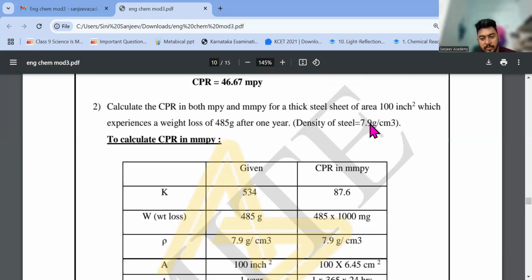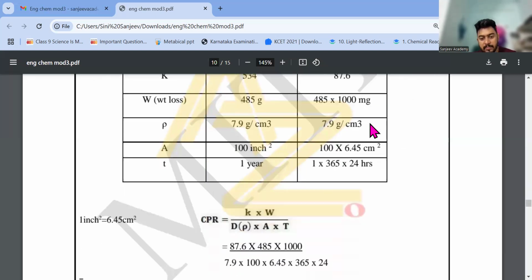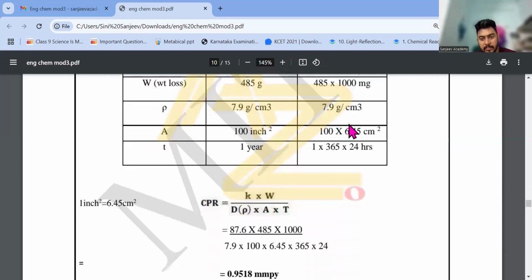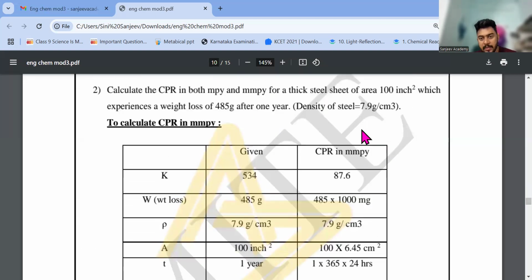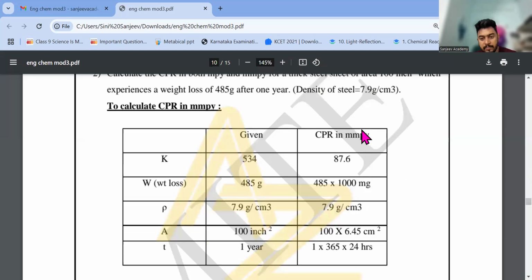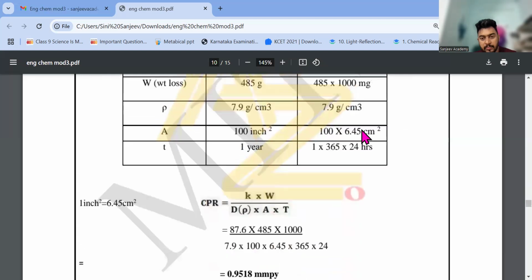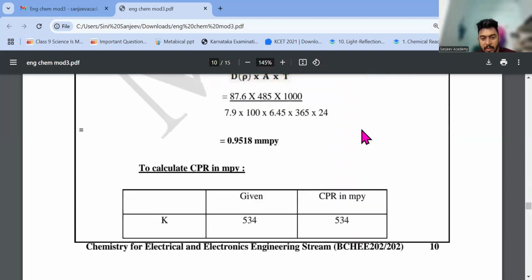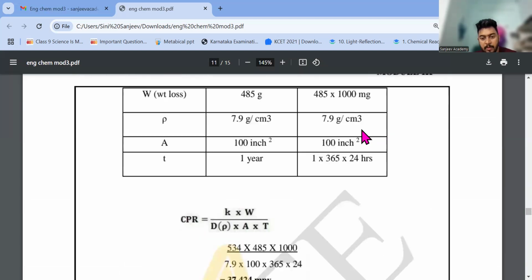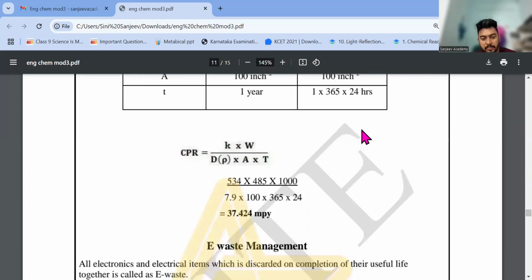Inch square, so obviously you have to multiply. 6.45 they have given here. Yeah, 100 inch square. The same problems will be coming for the exams also.